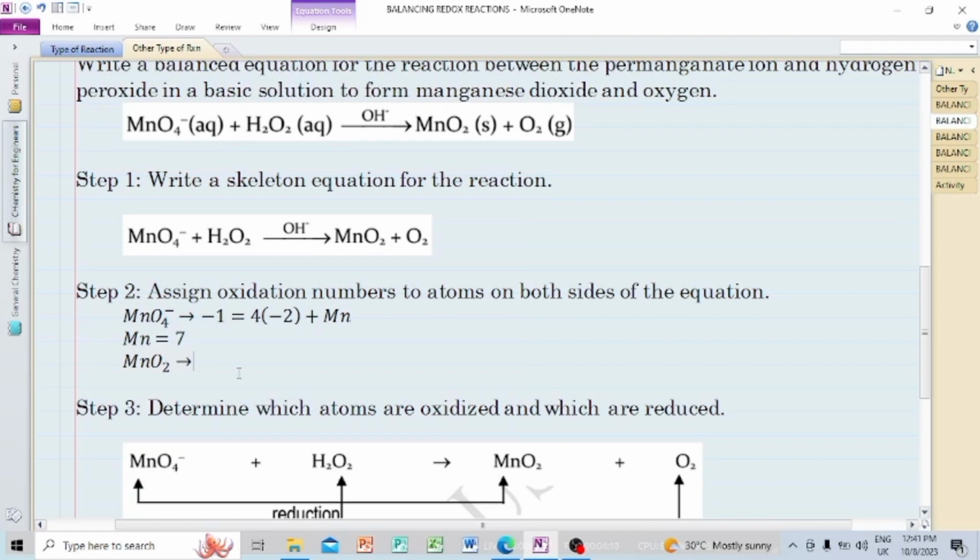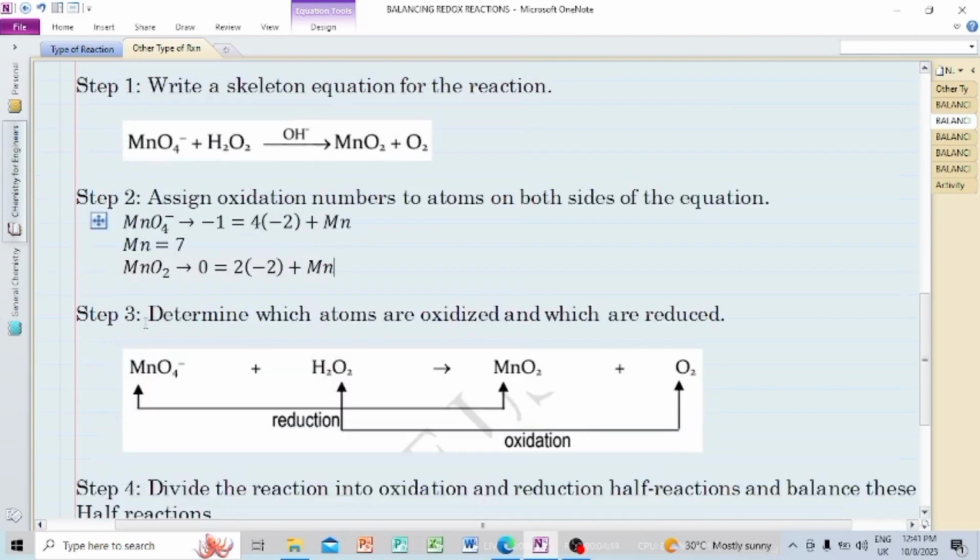So 0 is equal to, the oxidation number of oxygen is -2, so 2 times -2 is equal to -4, plus Mn.